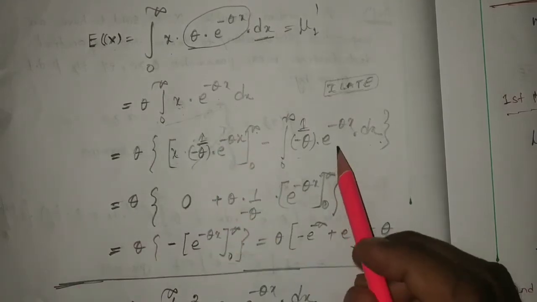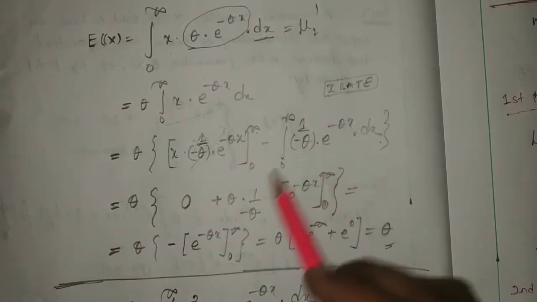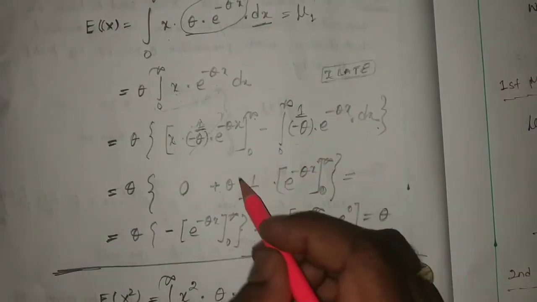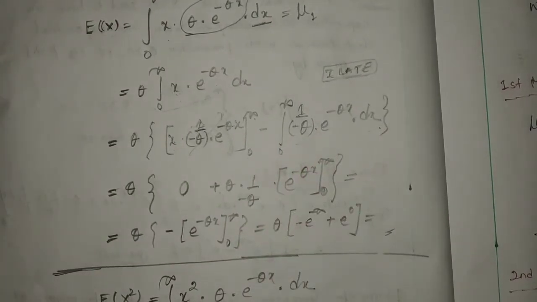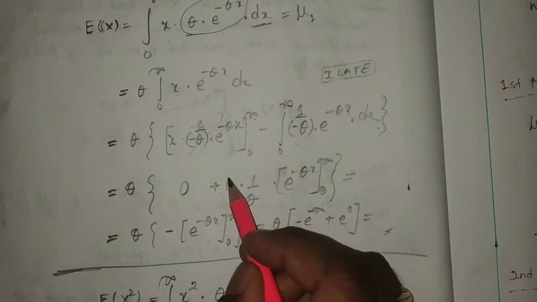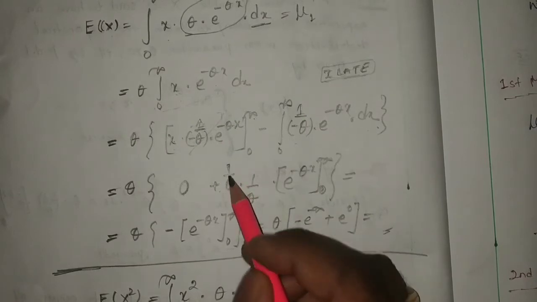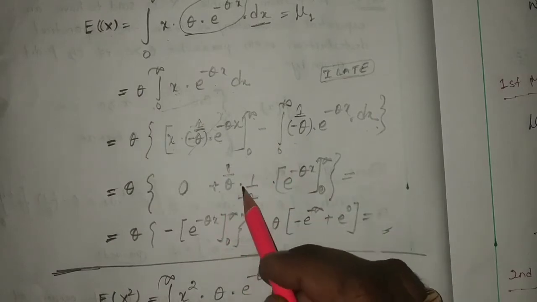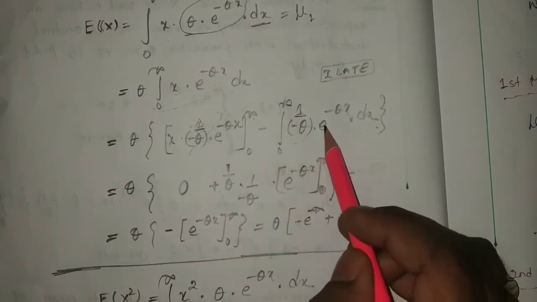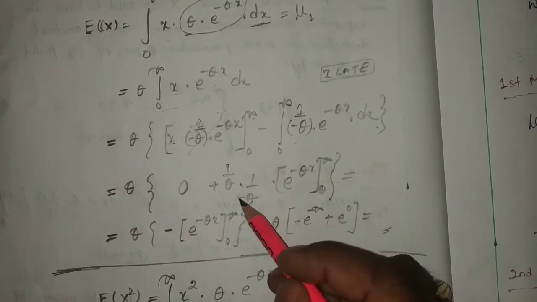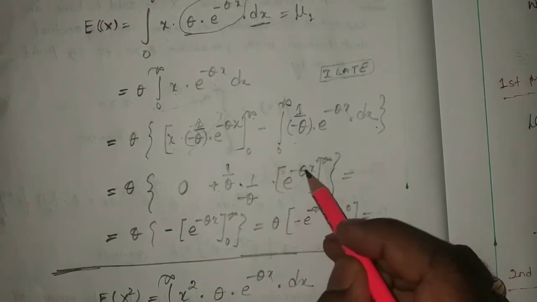Now, this is minus minus plus. Here I mistakenly wrote theta, but actually this is 1 by theta. No problem. So here is minus 1 by theta, minus, so plus 1 by theta. Again we have to consider the integration of e to the power minus theta x, that is 1 by minus theta e to the power minus theta x from 0 to infinity.